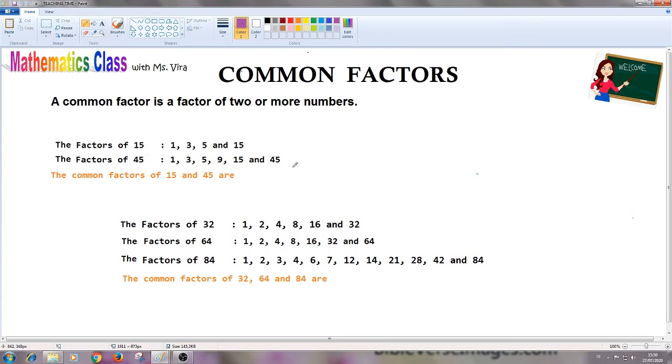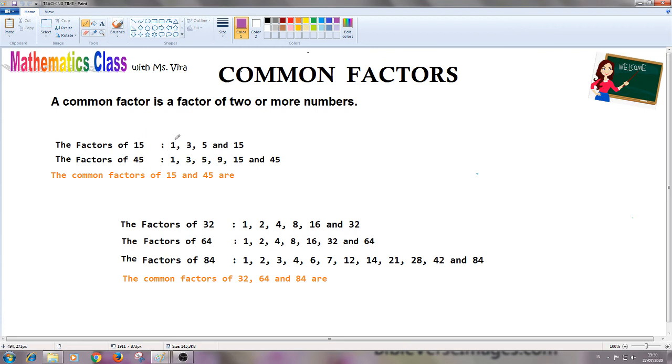Since I wrote already, you can see the factors of 15, 1, 3, 5, and 15. The factors of 45, 1, 3, 5, 9, 15, and 45. Then we can just circle numbers that are factors of 15, also factors of 45.